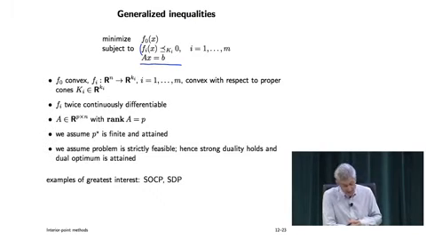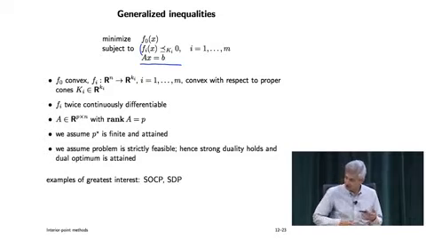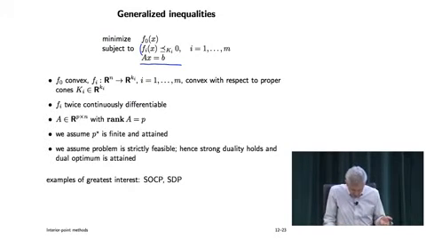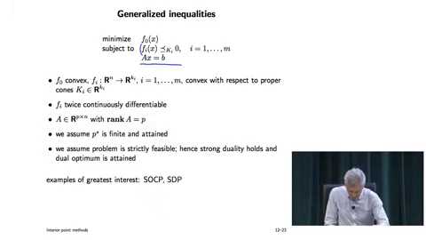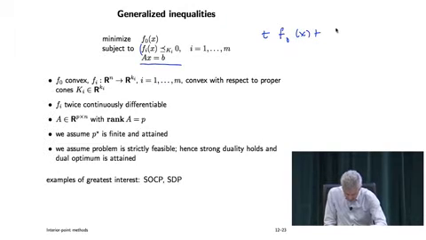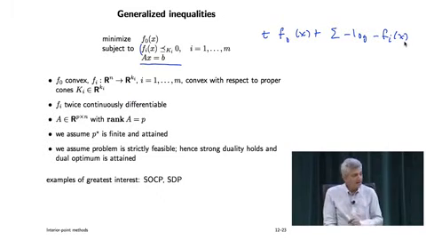So we have to reinvent everything to work in this case. Actually, it's going to be shockingly easy. There's only one real thing we have to do: work out what the log is. Because what we want to do is write down t f0 of x plus the sum of minus log of minus fi of x, and then minimize that.